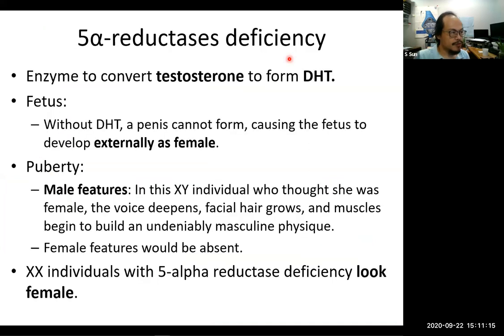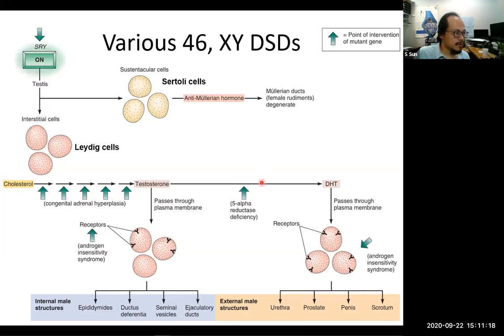Among all this, I want to use this as an example because this is a more common one. Babies are first recognized as female at birth because they don't develop the external organs. However, they have everything internal. In the beginning, they may be treated as a girl, a baby girl, and raised as a girl, but may act like a boy.